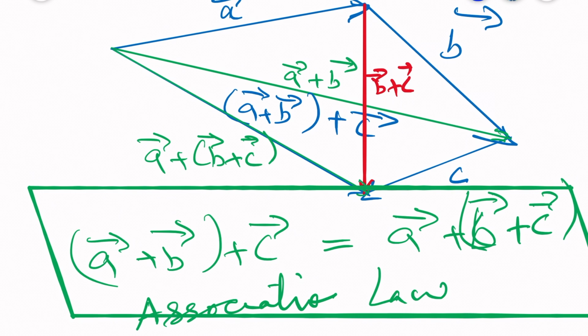Now let's look at the third thing: how do we subtract vectors? We have added the vectors, now we want to subtract. So let's say we have 2 vectors.